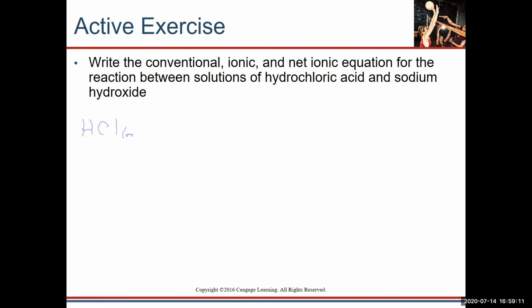It's going to be aqueous, and NaOH is aqueous as well. And then it's going to make NaCl, sodium chloride.